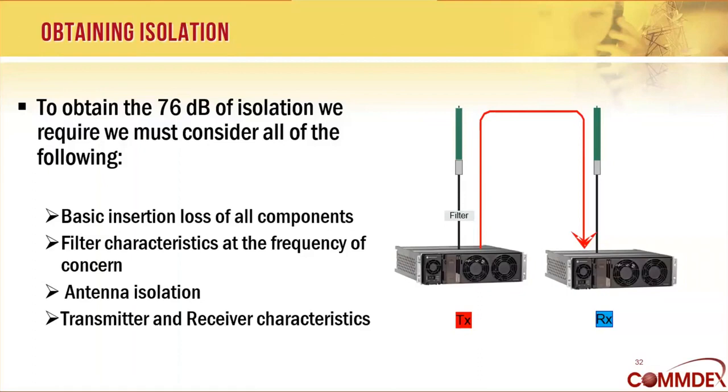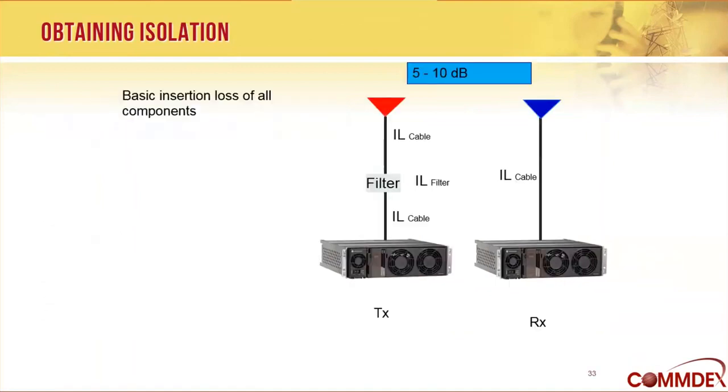We have to consider filtering, we have to consider antenna isolation, and we have to consider the characteristics of the transmitter and receiver that we're using. So with insertion loss between filters and transmission line, we could gain anywhere from 5 to 10 dB of isolation. But again, who wants a lot of insertion loss?